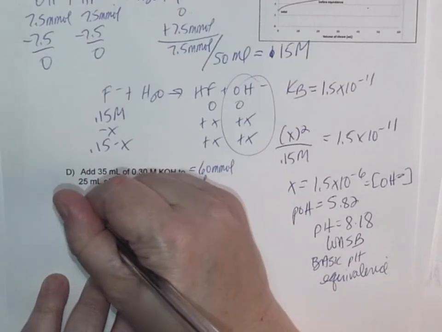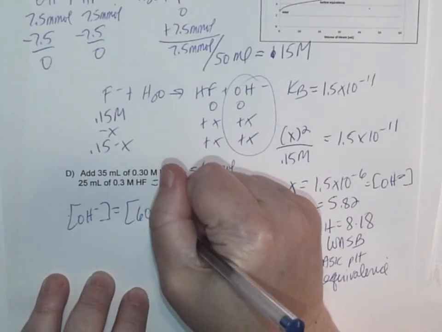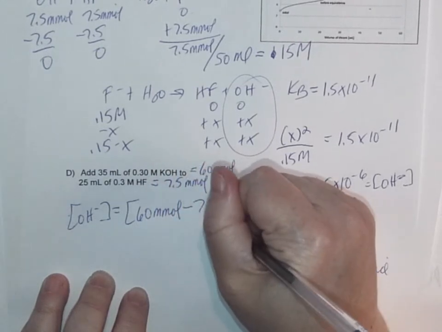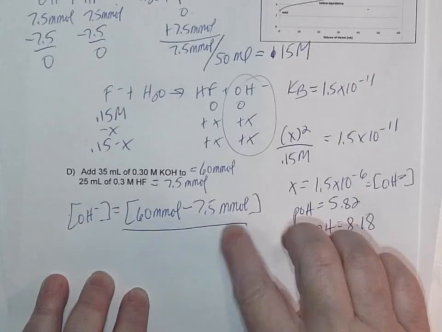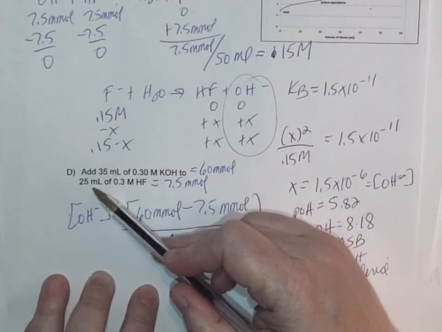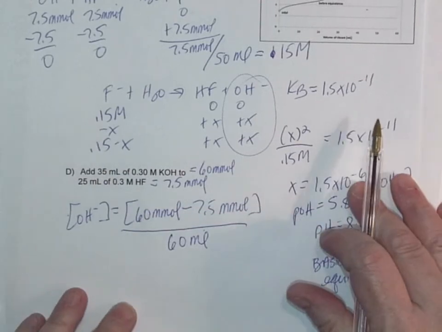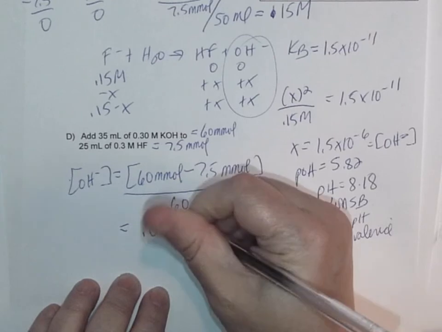So I'm calculating the concentration of the hydroxide now, because that's really all I have. So this 60 millimoles, yes, it was neutralized by the 7.5, but it certainly left a lot of hydroxide over. I divide by the total volume I have, and I get 0.05 molar.